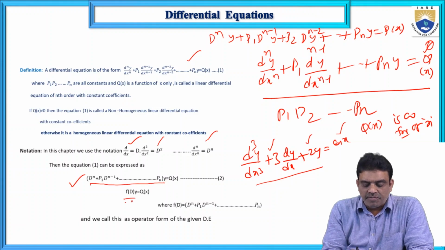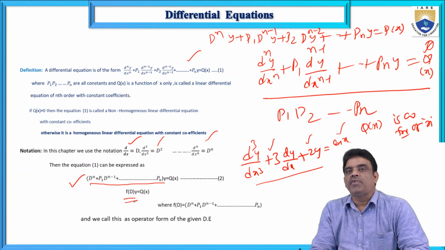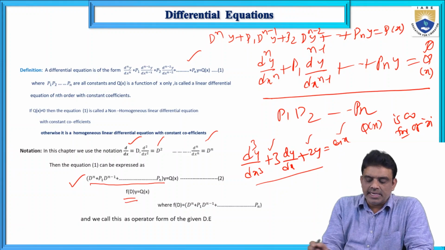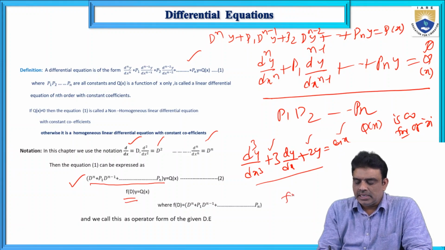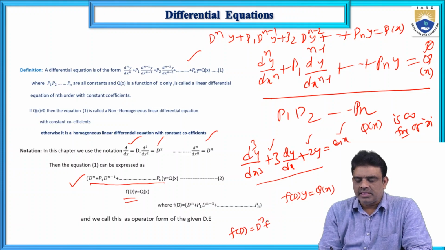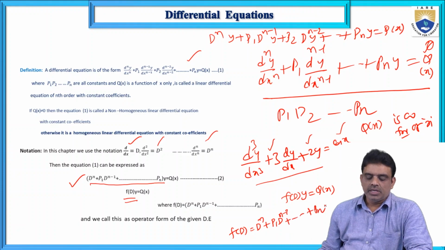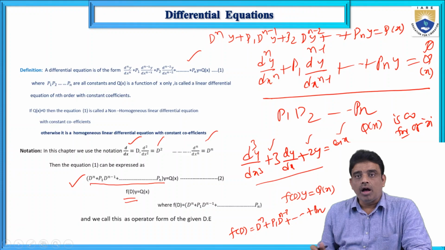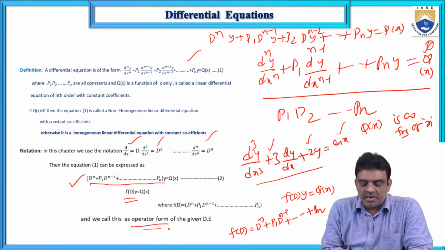So I can assume it is a function of D, it is f of D. So the equation 2 can be written as f of D of y is equal to q of x, where f of D is a polynomial in D of nth degree: D^n plus p1 D^(n-1) plus so on plus pn. And we call this the operator form of the given differential equation.